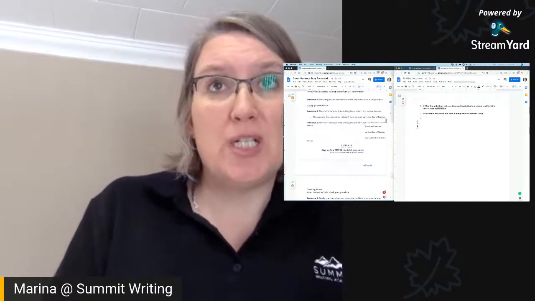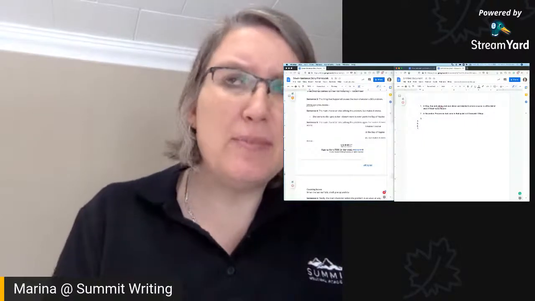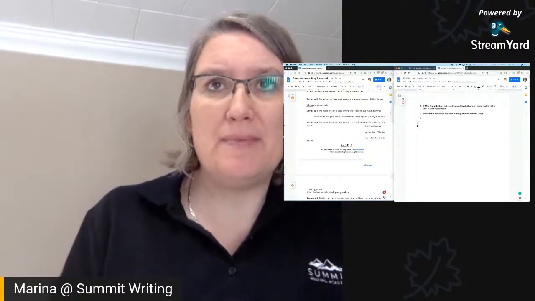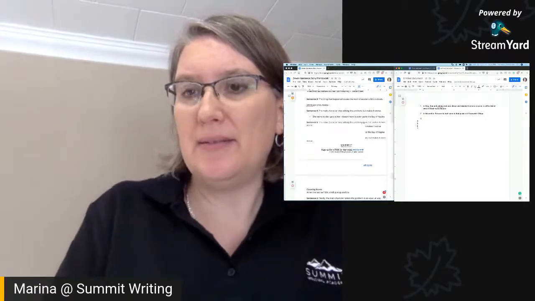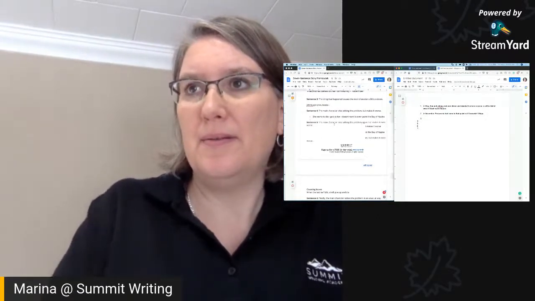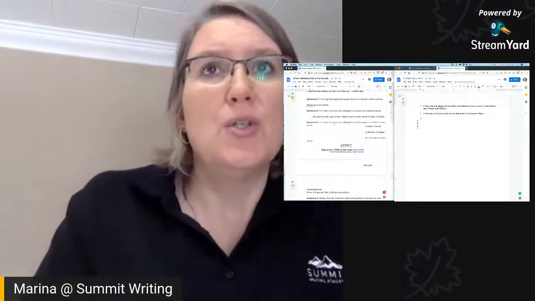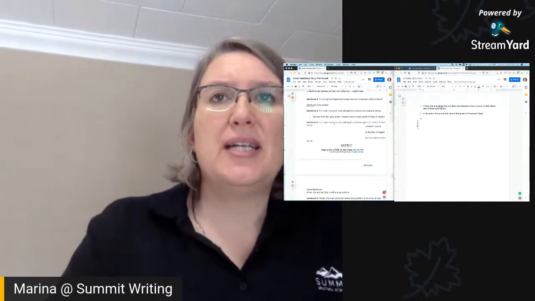Sentence number 4. So she tries solving the problem, but makes it worse. She decides she wants to die and she gets sicker.